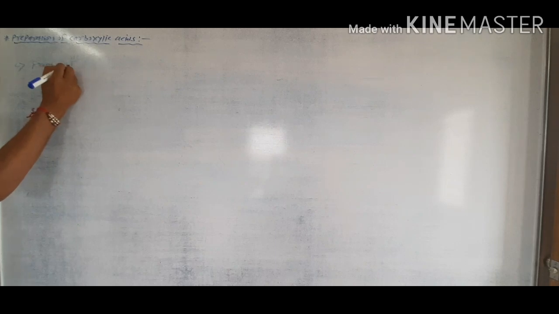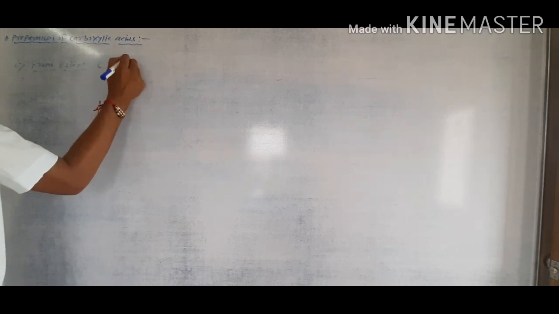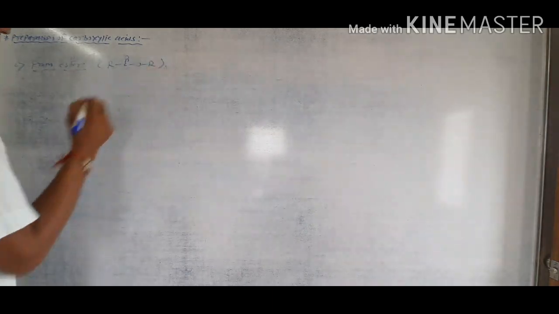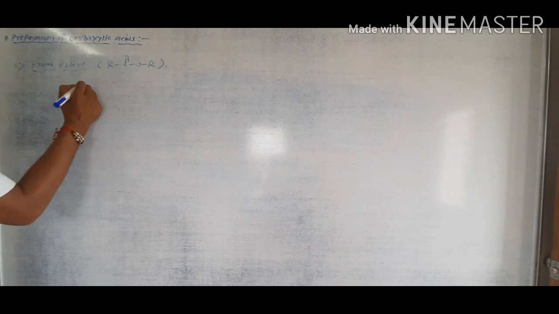The general formula of the ester is RCOOR. The starting material is ester, but there are two types of hydrolysis. The first is the acid hydrolysis of the ester, and the second is the alkaline hydrolysis of the ester.